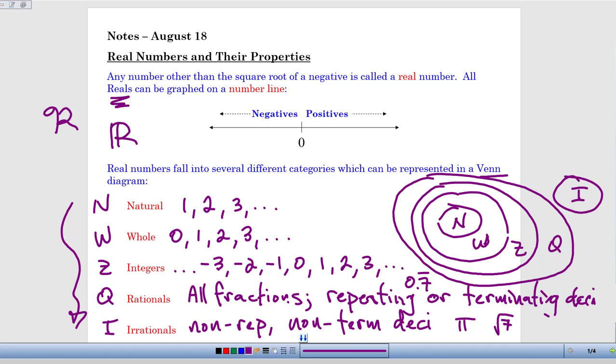A number cannot be both rational and irrational at the same time. We don't want to get thrown off by the idea that the size of the circle is smaller than what I've drawn for the rest. They're both infinite sets of numbers anyway. And then taken all together, we can say that all of these numbers are real. So rationals and irrationals together compose the real numbers.